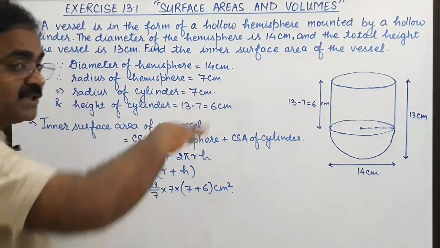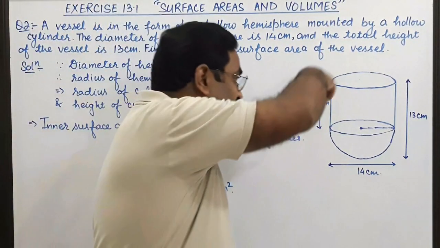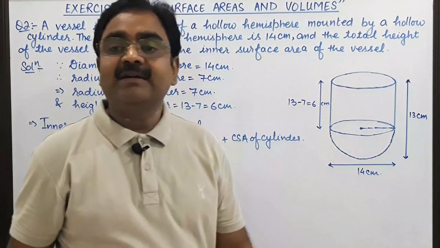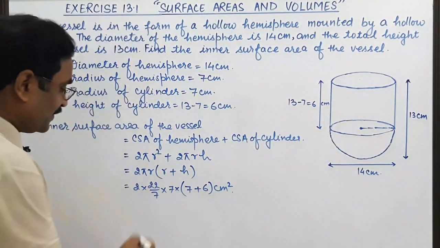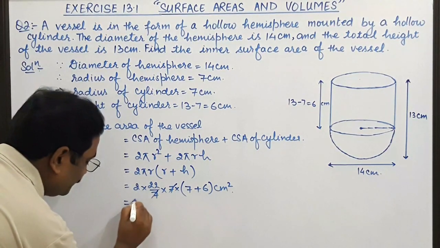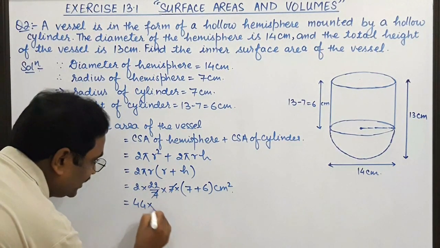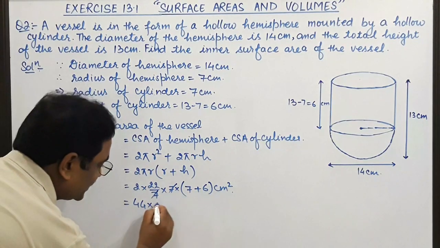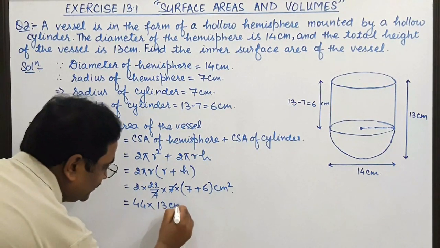So the inner surface area, as you know, means the area of the inner part. So simplify, 7 is cancelled, 2 times 22 is 44, multiplied by 7 plus 6, which is 13 centimeter square.